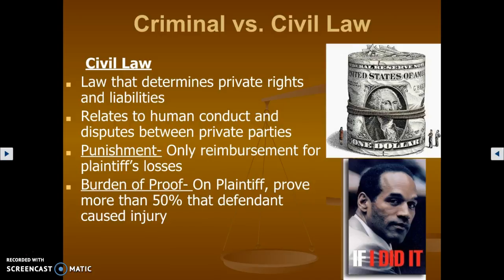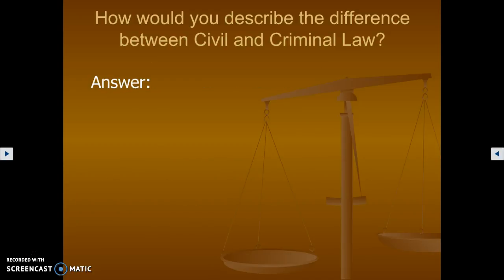So you saw that in the video, how you had to pay money to the person if in fact damages were found. And the burden of proof is on the plaintiff, the person bringing the case forward, to prove more than 50% that the defendant caused injury, which is really easy to prove, right, that someone did you wrong, especially if you have a contract dispute or another private issue.